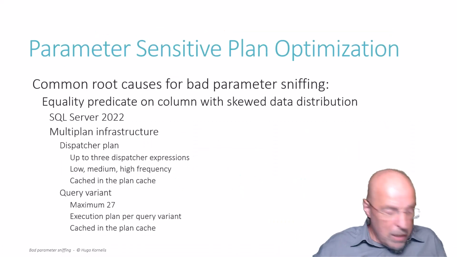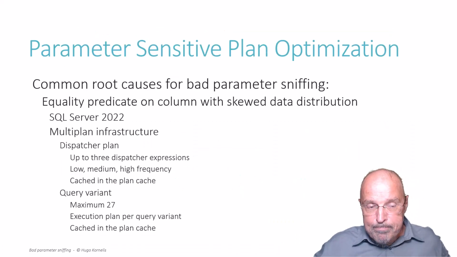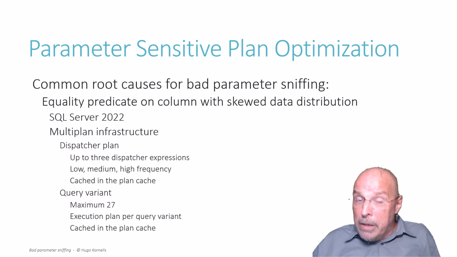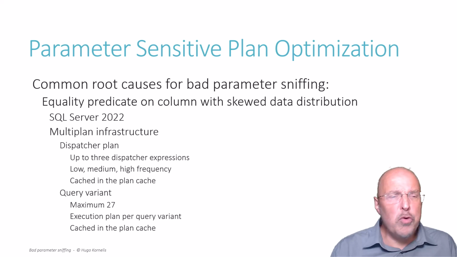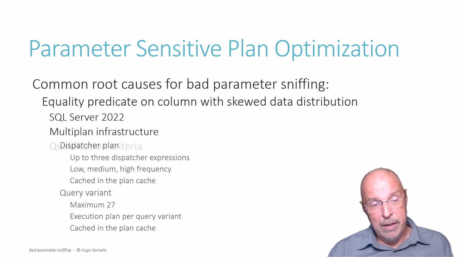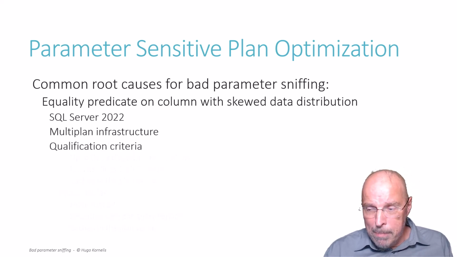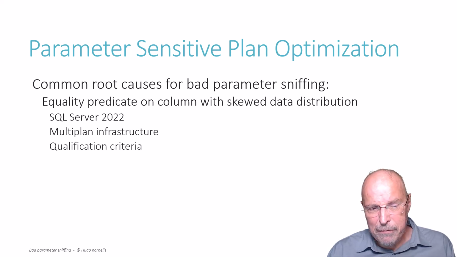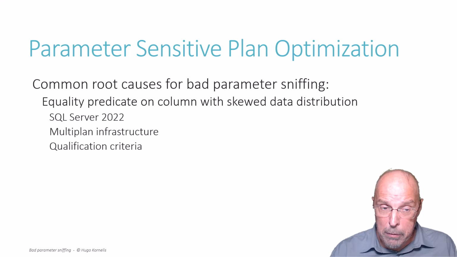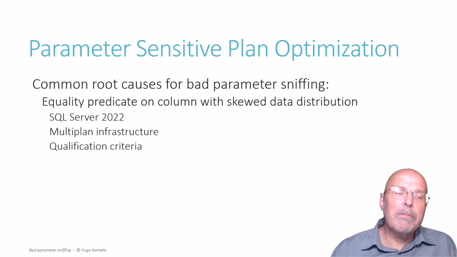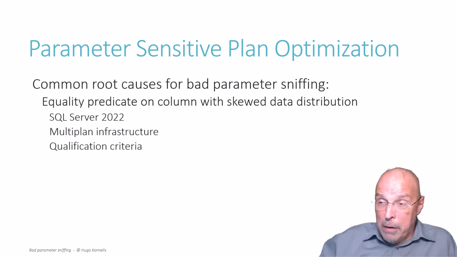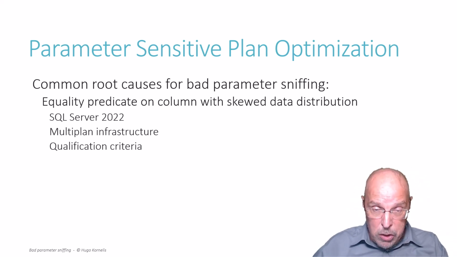Now that we've seen how this works, let's look a bit deeper into the qualification criteria. Because like I said, not all queries will qualify. So for SQL Server, if PSPO is active, step back, what will happen if a query runs and there is no plan associated with it?